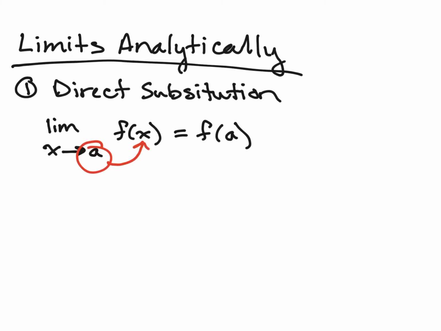That's the y value, that's the answer. Okay, that just means if we have some graph, there's no hole, there's no asymptote, there's no jump. So if I look for a limit at that point, it's just the y value that goes with it. So sometimes that works.